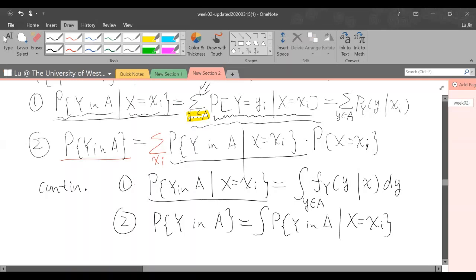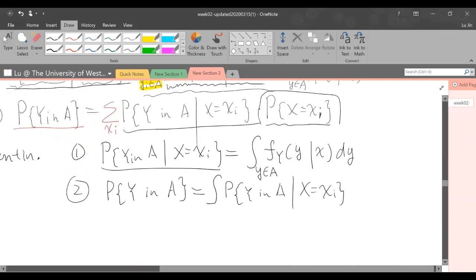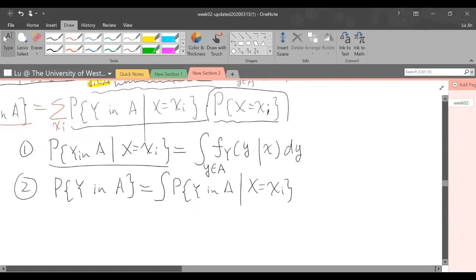And be careful with the very last term here. In the discrete case, that is the probability that random variable x equals the xi value. But because x becomes a continuous random variable in our current discussion, this probability will be replaced by the fX(x), the marginal PDF of x, by dx.